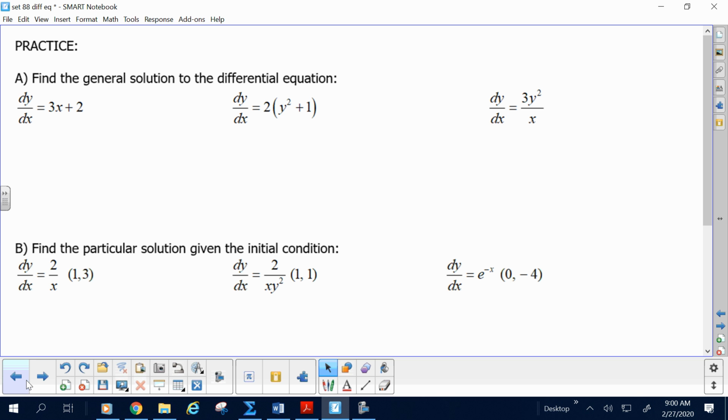B, can you integrate? I don't care about finding the C. I don't care about solving for Y. Just integrate. Separate the variables.